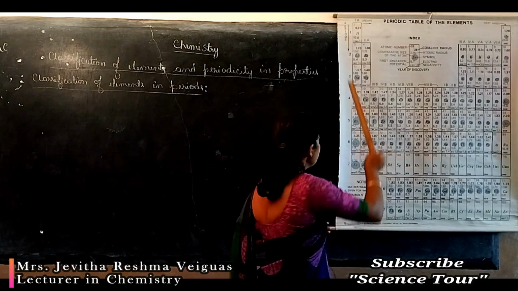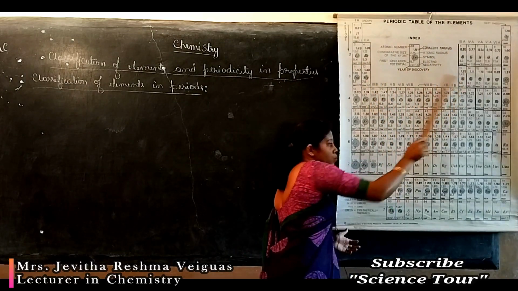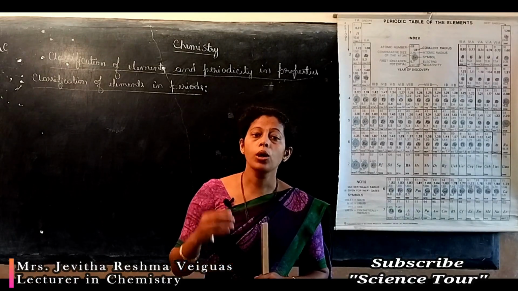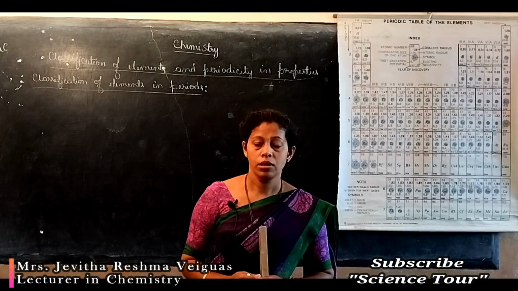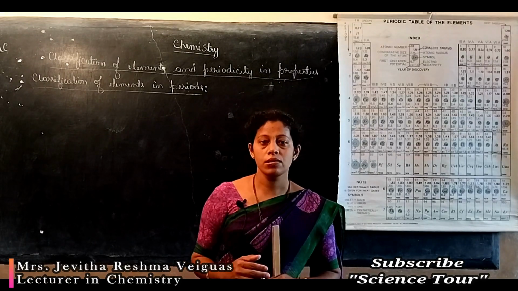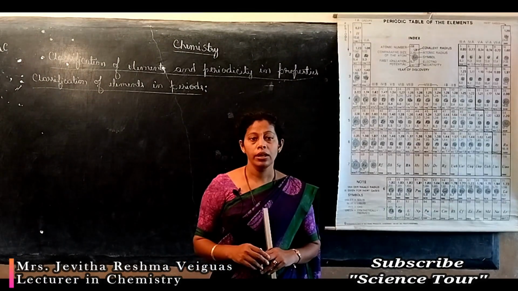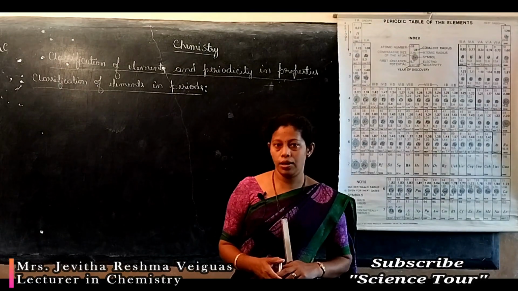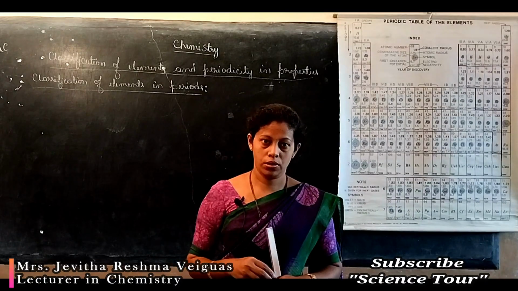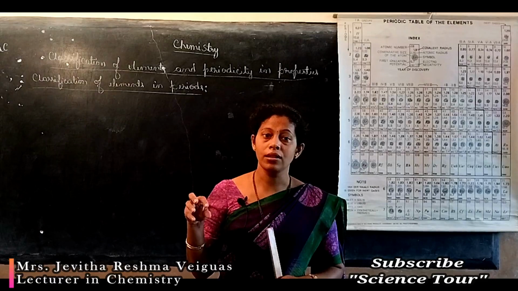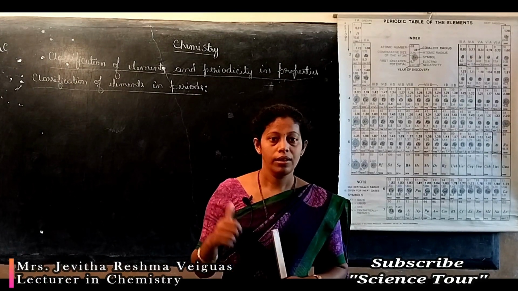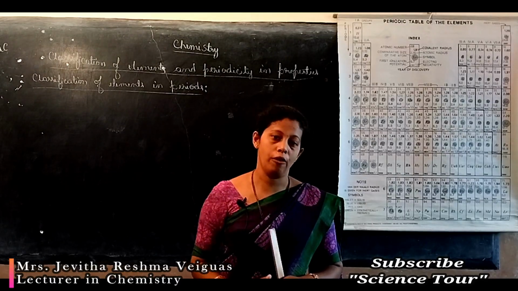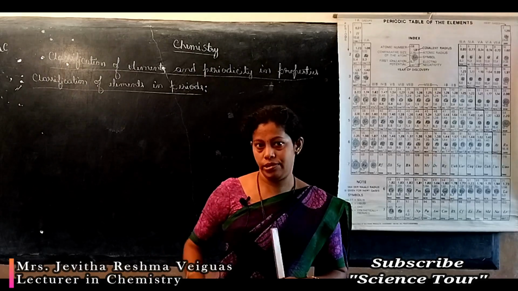We know there are 7 periods, there are 7 horizontal rows. How the elements are placed in these periods, on what basis they are placed, this is what we are going to learn. Students, atomic number indicates number of electrons in a neutral atom. These electrons of an atom are placed in orbitals. The orbitals are s, p, d and f orbitals of various shells.